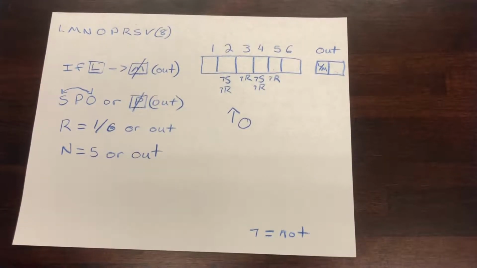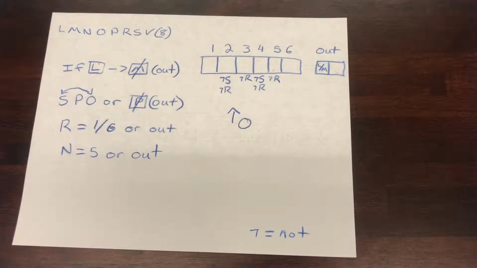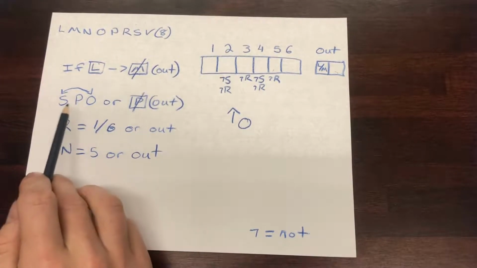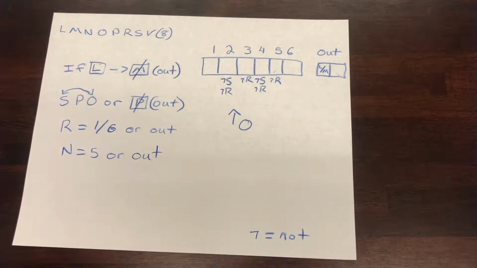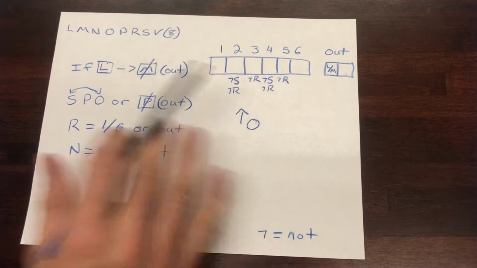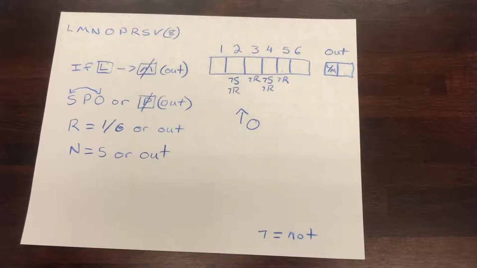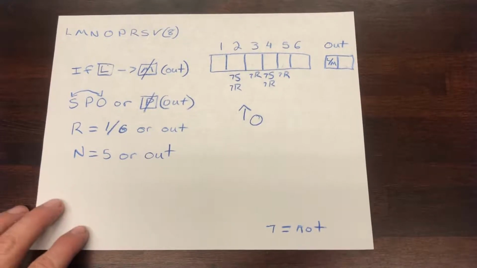A has L and M right up front, so the only 2 remaining answers are D and E. We have this rule that says we have to have an S or an O in between a P. So any answer that does not have an SPO or an OPS, provided that the P is not out, is wrong. When we look at answer D, we have PSO. Answer D is wrong, that's out. E is the right answer for number 6, and we're moving on.